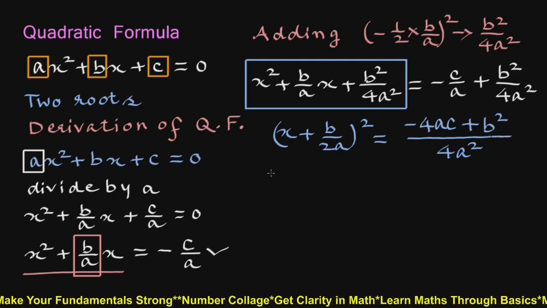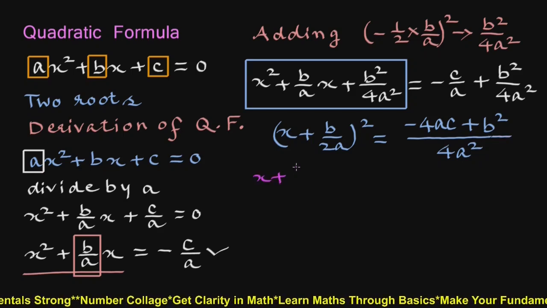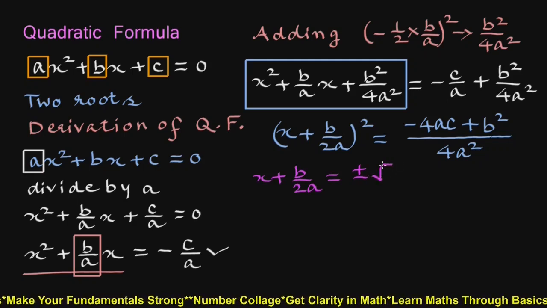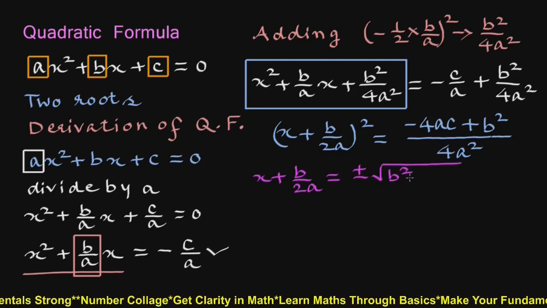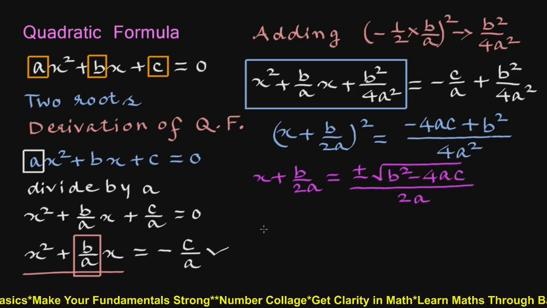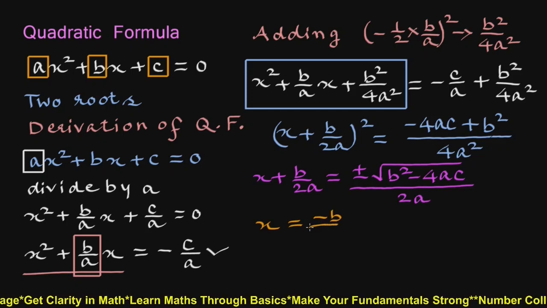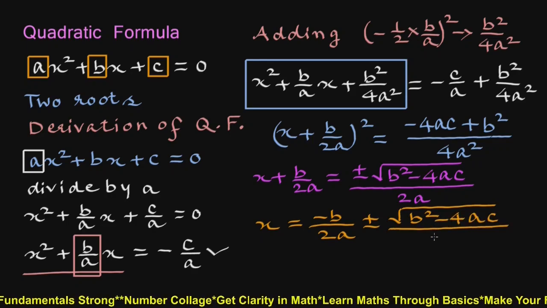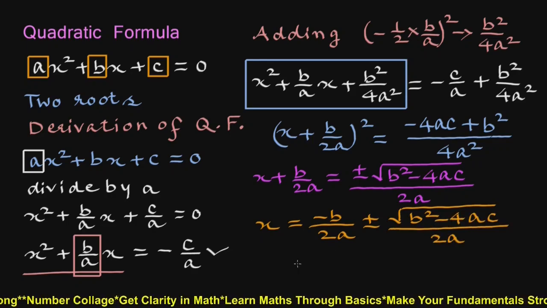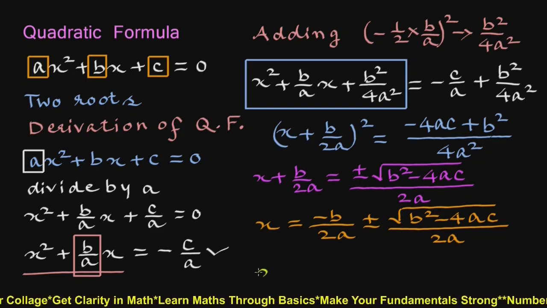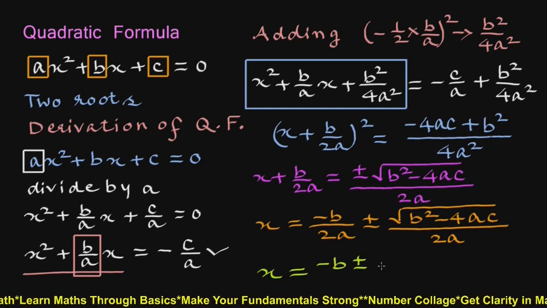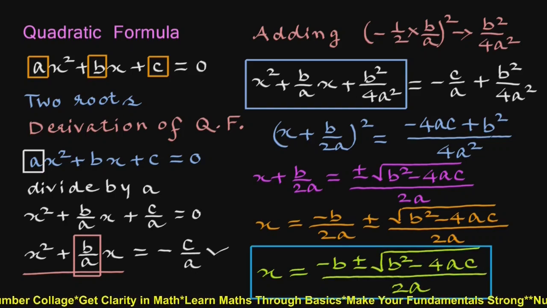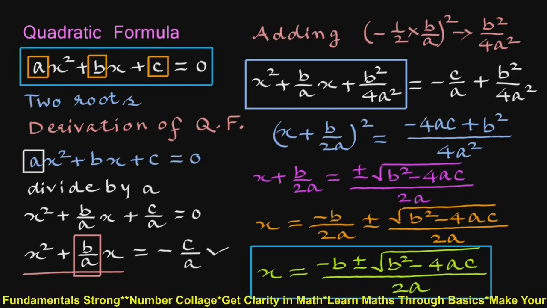Now taking square root on both sides, we get x plus b upon 2a equals plus minus square root of b square minus 4ac upon 2a, that will be x equals minus b upon 2a plus minus square root b square minus 4ac upon 2a. So finally we get the quadratic formula x equals minus b plus minus square root of b square minus 4ac upon 2a. This formula gives us two roots of this quadratic equation.